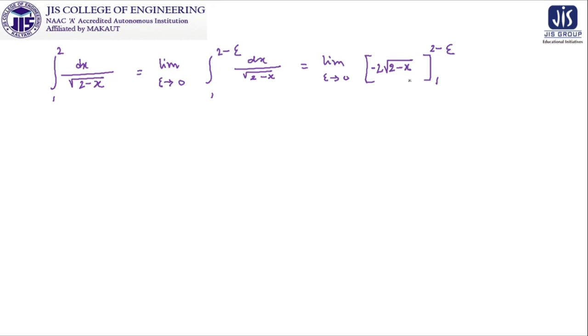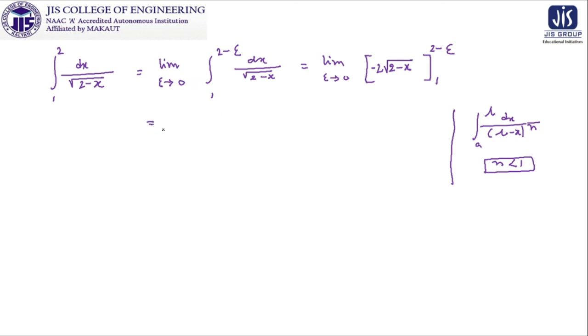But before putting the values, recall that integration a to b dx by b minus x whole to the power n is convergent when n is less than 1. It is the convergence criterion, and here it is 2 minus x to the power half, so it will be convergent, as discussed in the last class.